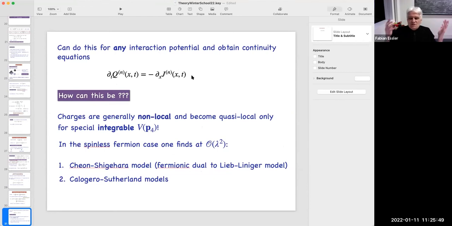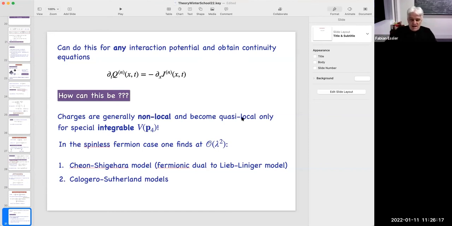Okay, so what does that mean? Does that mean in any model I have infinitely many conservation laws? Well, not really, because these charges constructed in this way are generally non-local. They don't have any good locality properties, and therefore are not important for physics, which is based on local equilibration.